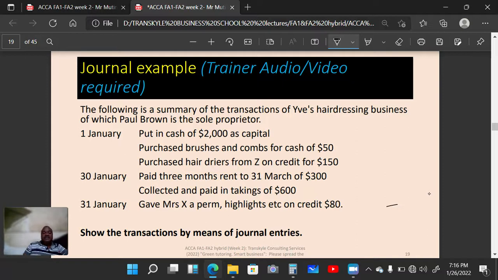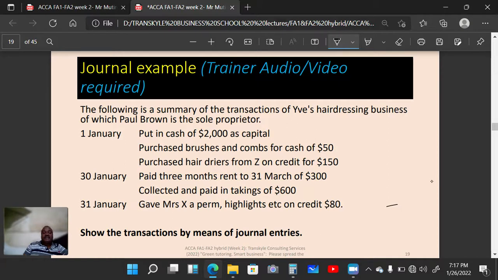But you must also be aware that when we talk of journal entries, we are referring to the double entry. It's another way of requiring students to come up with the double entry for a particular accounting transaction.